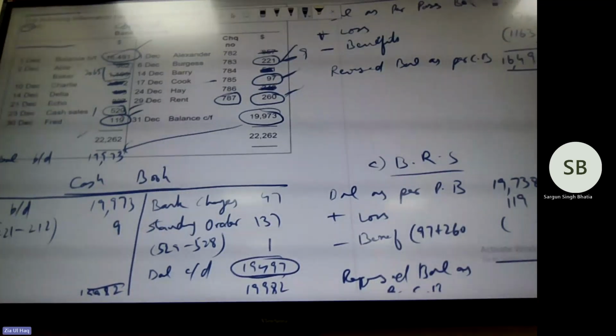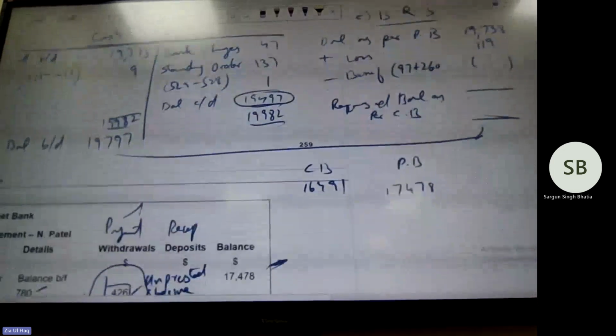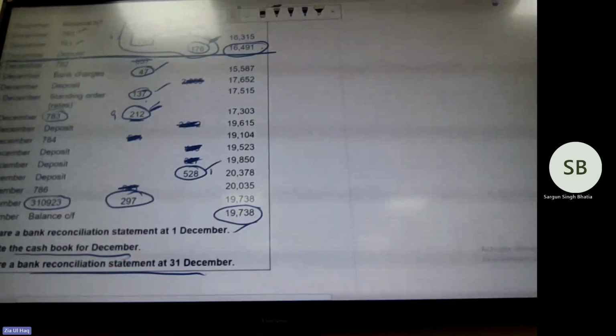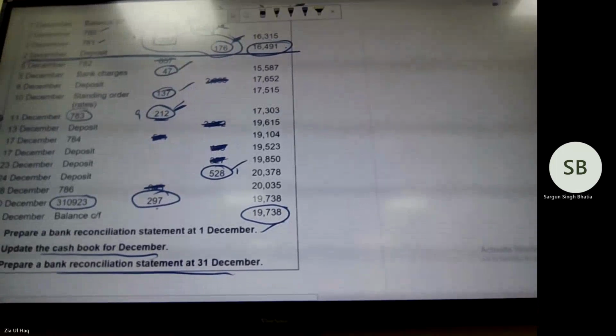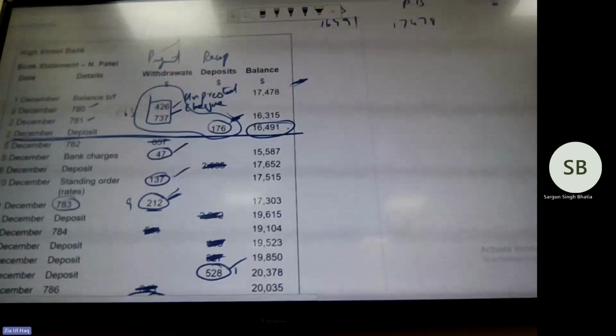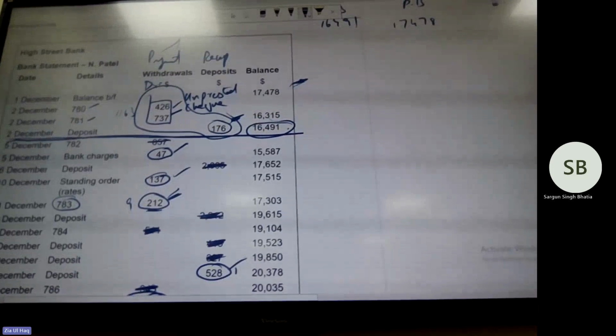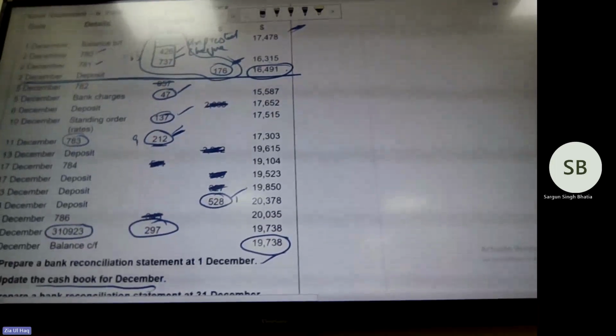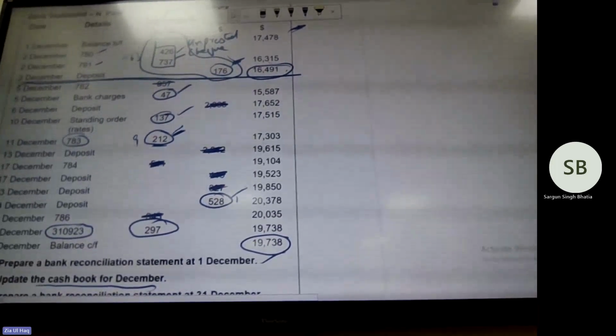Now we need to see if there is anything that is in the passbook but not in the cash book. And here is 297, on the debit side, a withdrawal. Does this mean this amount has been withdrawn from our account mistakenly by the bank?